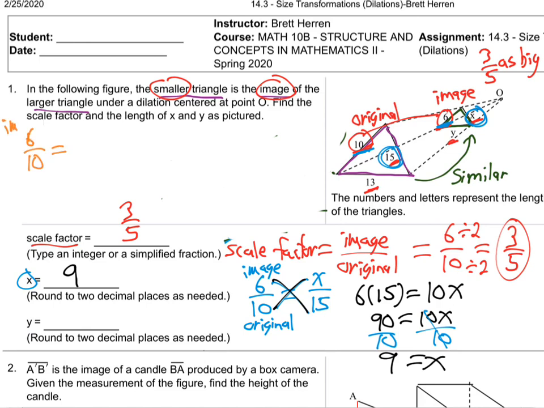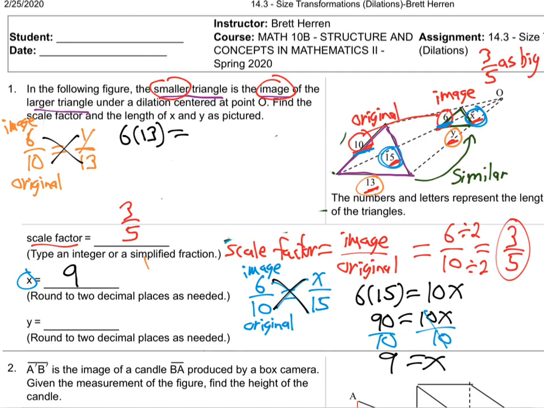That's the image over the original, 6 over 10, is equal to, and now I'm going to do the y, that goes on the top because that's the image of the bottom, over 13, because that's the bottom of the big one. So let's solve for y, diagonal, diagonal, cross multiply.